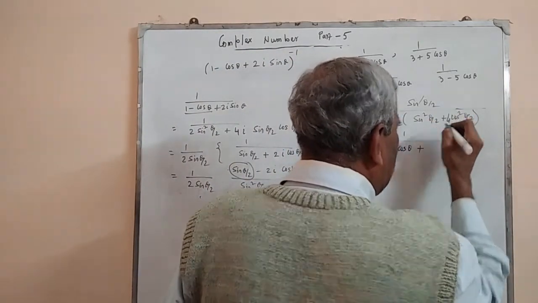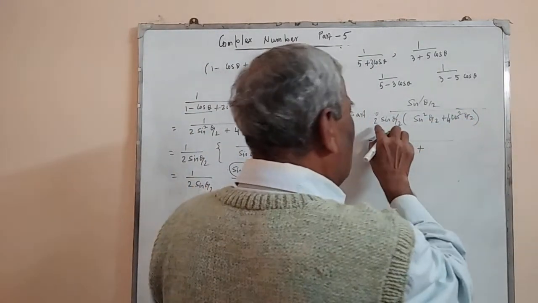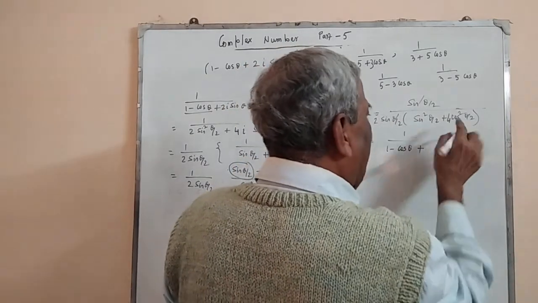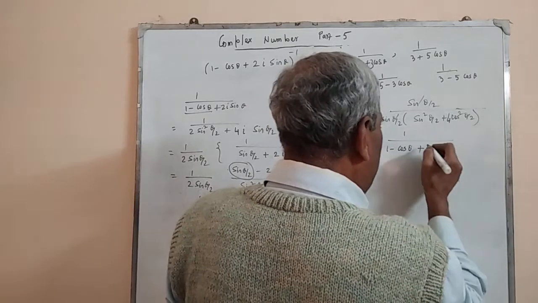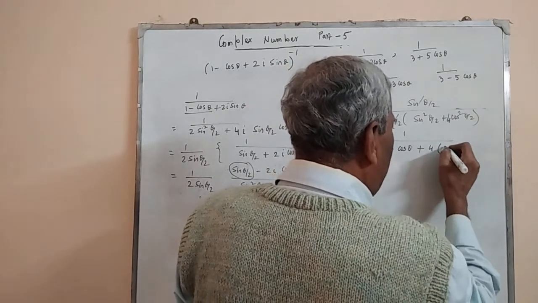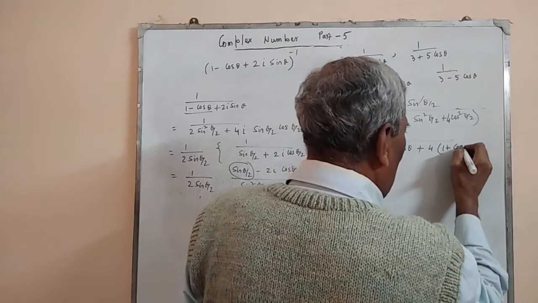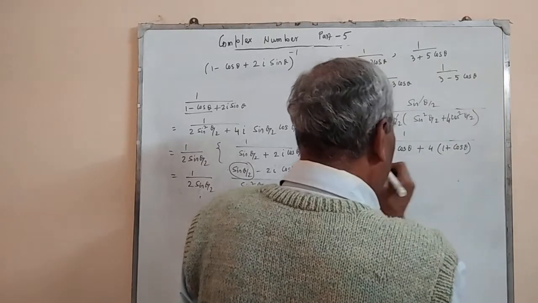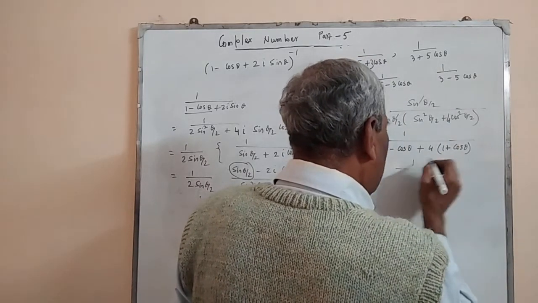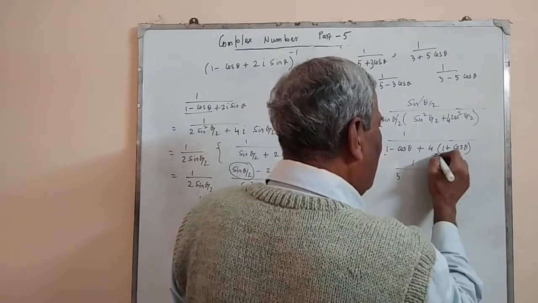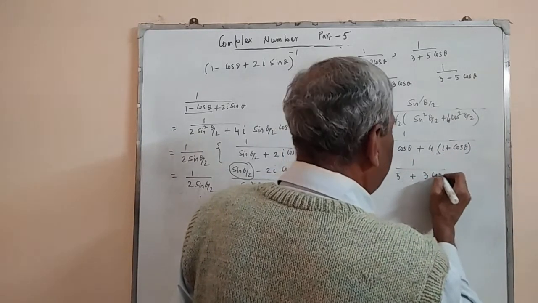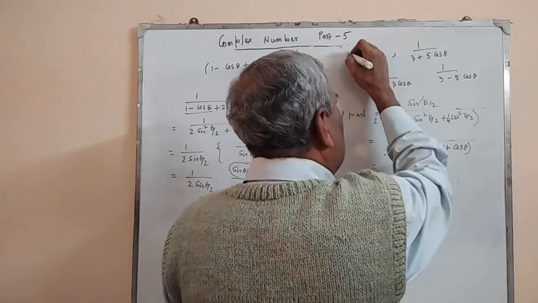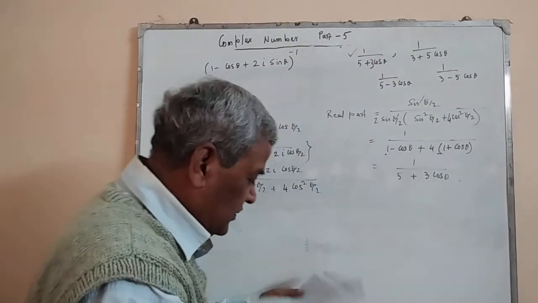Oh, every time I am making a mistake. Achha, now it is equal to 8 cos square theta by 2, which means 4 into (1 plus cos theta). It is 1 by 5 plus 3 cos theta. So this option is correct.